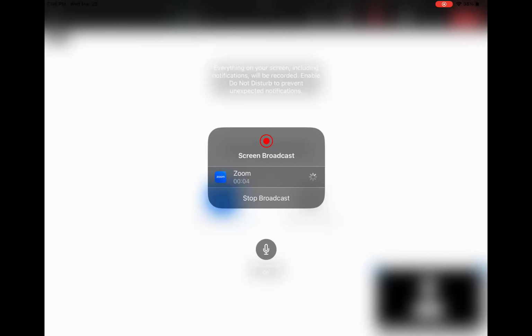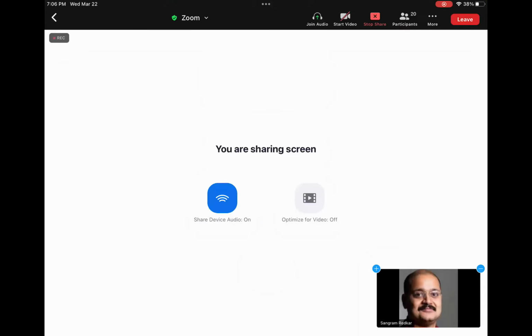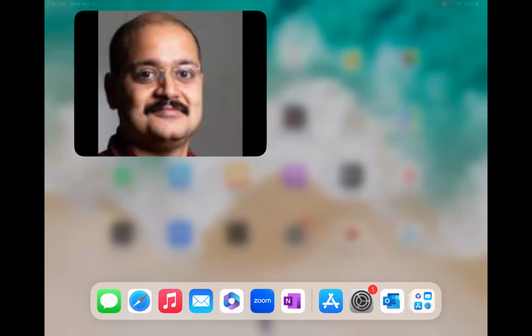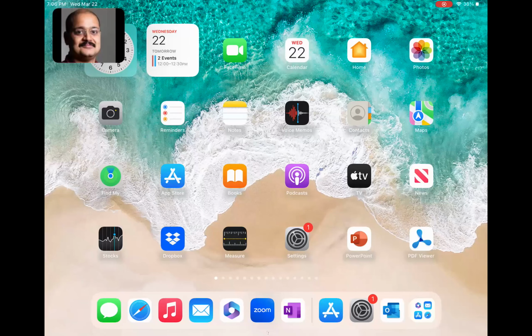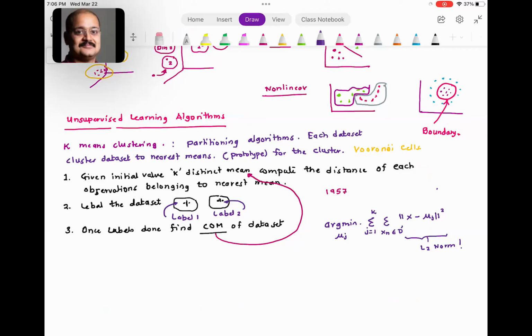Sometimes if the Zoom servers are overloaded, then this latency occurs. So you observe this latency. It's not something that we desire, but this is something that we have to deal with.